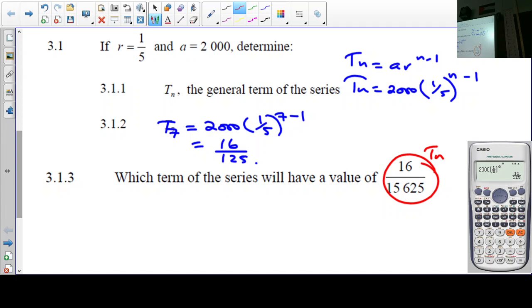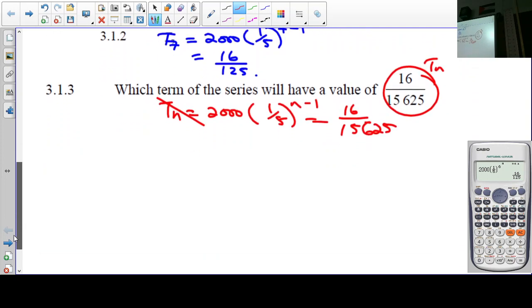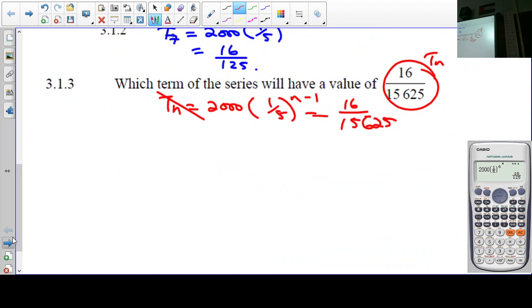So Tn is defined as 2000 into 1 over 5 raised to the exponent n minus 1, and it's equal to 16 over 15,625. So at this point, we just need to solve for x, or in this case, n.